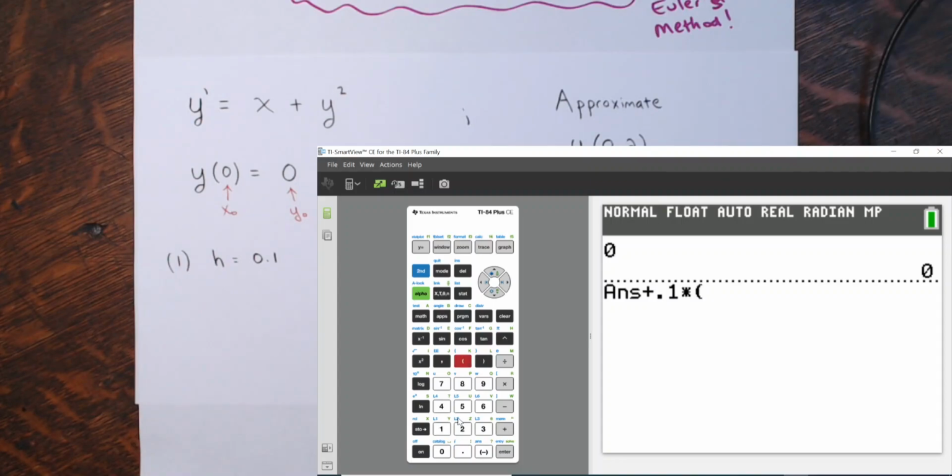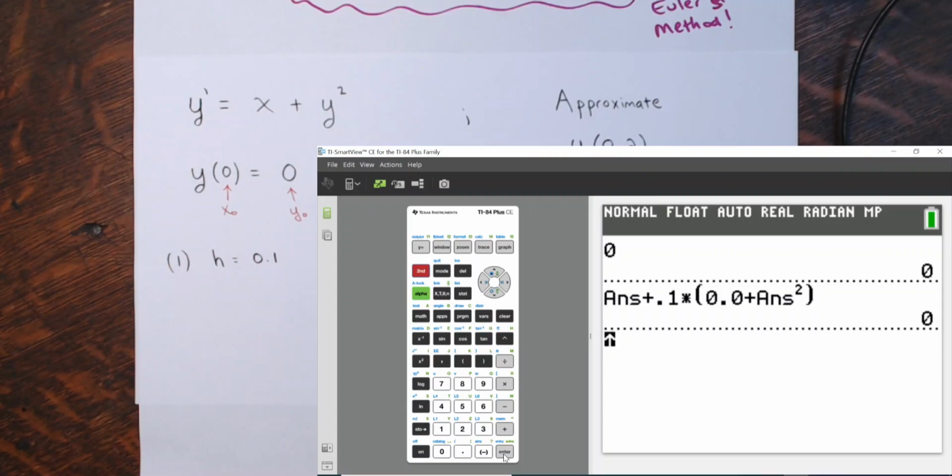Well, the previous x was 0.0 plus the previous y squared, and then again previous answer squared. Close that off. So there's that, and then I hit entry, second entry, change 0.0 to 0.1, and we're getting what I said.